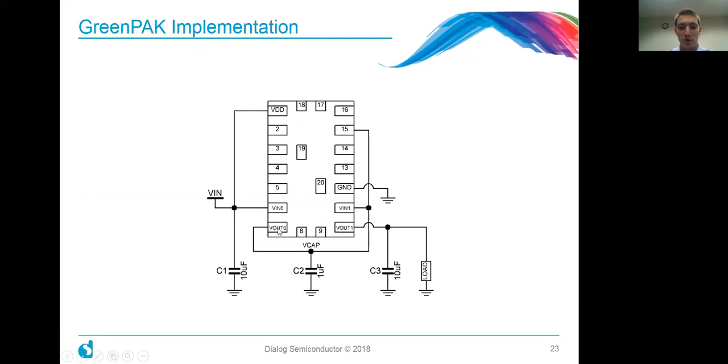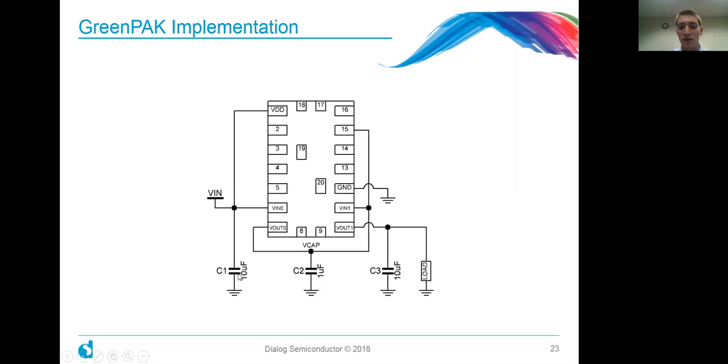And it's going to be going through this FET right here. So VN0, Vout 0 is going to be a FET that's controlled internally with the GreenPAK. This bypass cap is just going to keep things level as you're discharging stuff. So here, VCAP is your C2 capacitor that's transferring all of the current, and all of these capacitor values can be tuned to your specific solution.